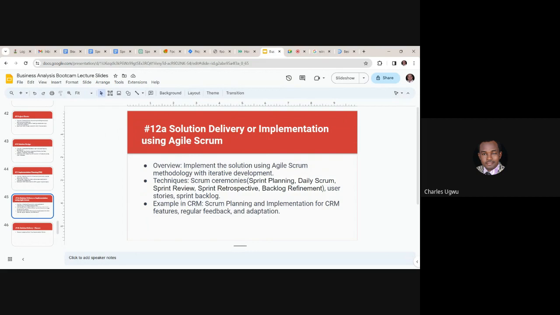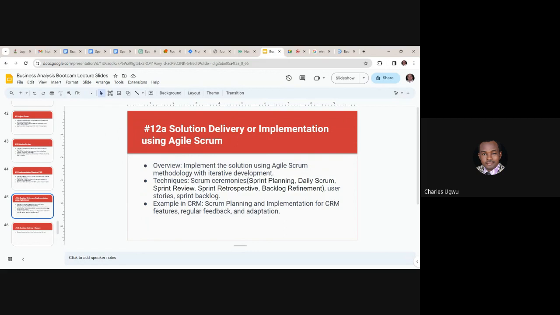So we have what we call scrum ceremonies. These are a series of activities and events we are going to deploy in order to implement this solution. There's what we call sprint planning. We have daily scrum, sprint review, sprint retrospective, and backlog refinement.